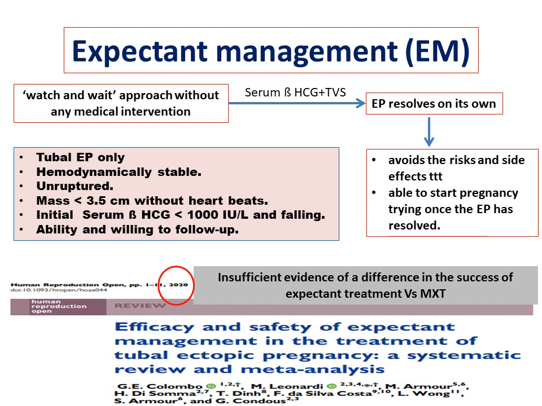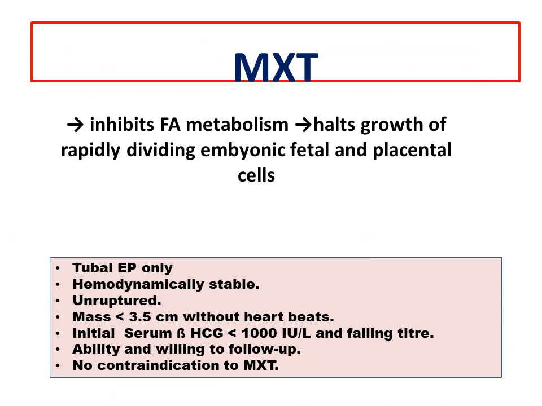You can offer your patient just expectancy, waiting for natural resolution of the ectopic pregnancy, provided you are making strict follow-up, without exposing your patient to this serious drug, particularly in some cases with contraindications to methotrexate, or offering your patient surgical treatment with risks of the operation. So don't ignore expectant management as a very good line of management of early ectopic pregnancy with the strict criteria already mentioned.